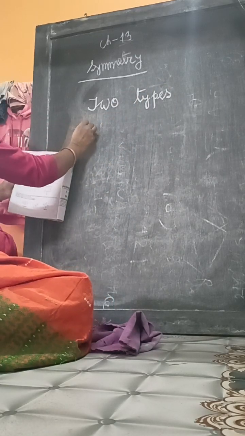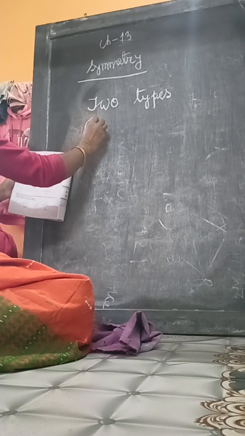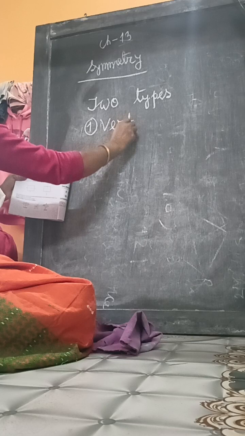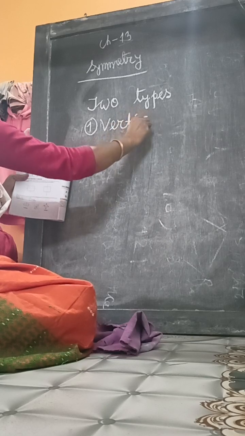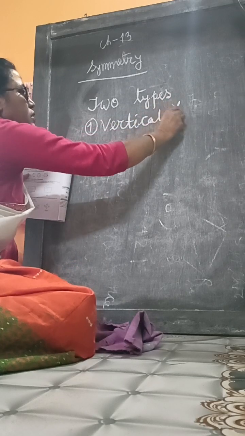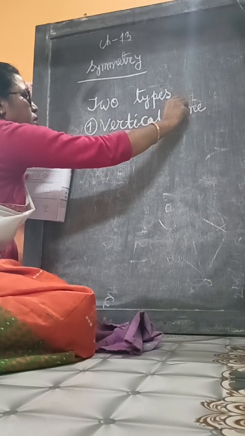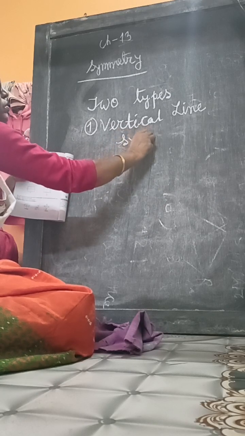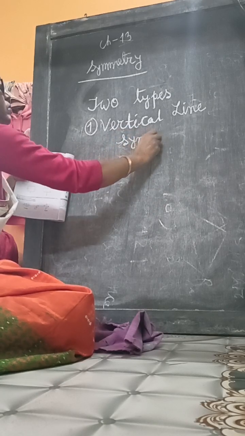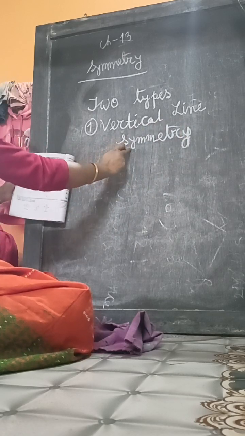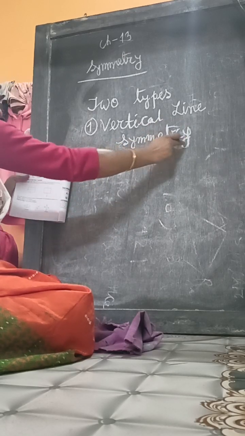Take your copies. Number 1, vertical. V-E-R-T-I-C-A-L. Vertical line symmetry. The spelling is S-Y-M-M-E-T-R-Y.